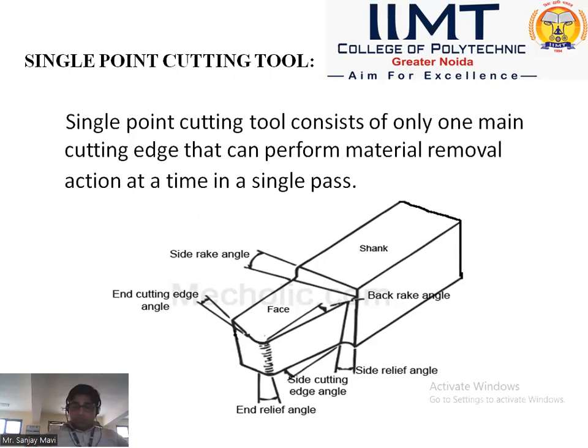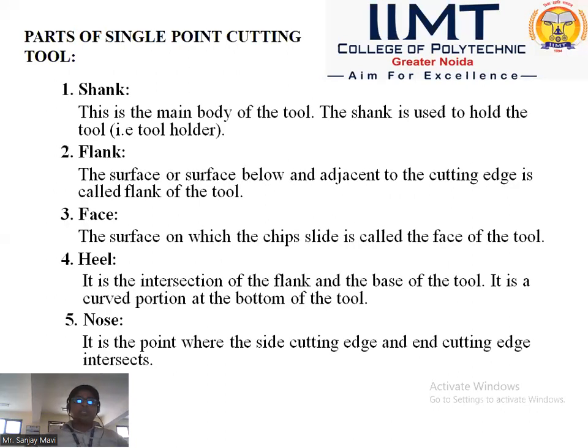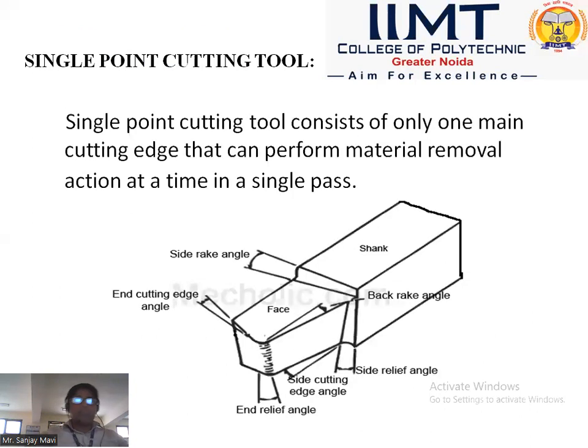Now come to the heel. Basically, heel is the intersection of the flank and the base of the tool. It is the intersection of the flank and the base of the cutting tool. We can see it in this figure.